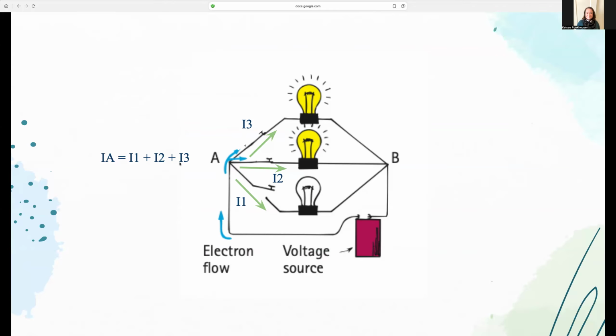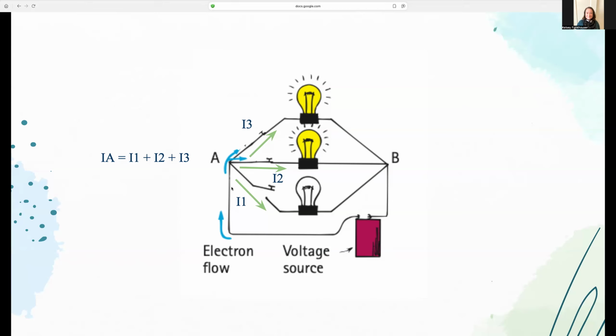And a rule here is that, if all 3 switches are closed, the current going into a junction, so a place where there's different wires that the current can choose from, equals the sum of each of those currents.